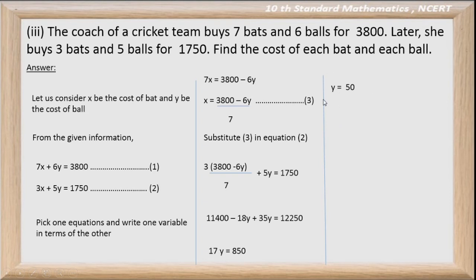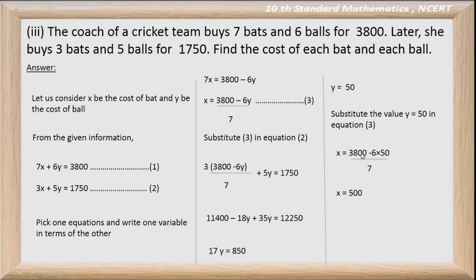Now we got that y value. Now we have to find that x. See here, x equal to (3800 minus 6y) by 7. Instead of this y, we can give the value 50. Substitute y equal to 50 in equation 3. This is the equation 3. So x equal (3800 minus 6 into 50) by 7.